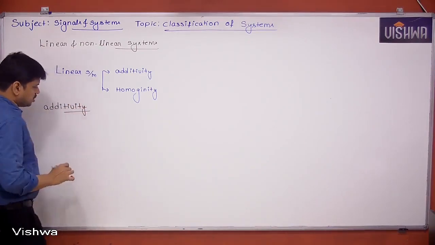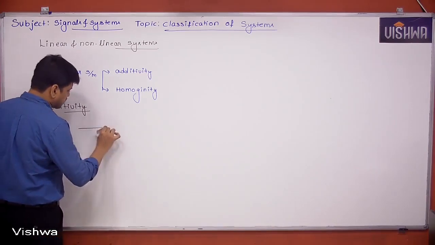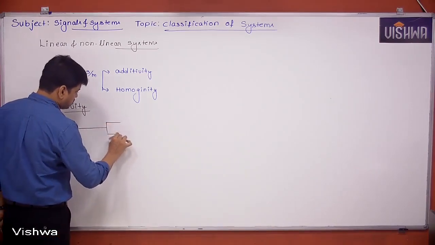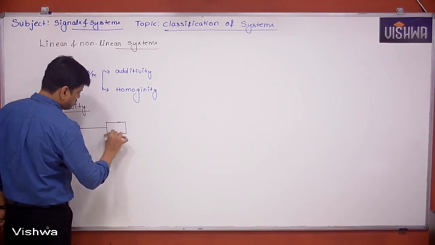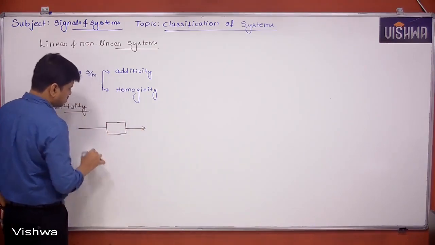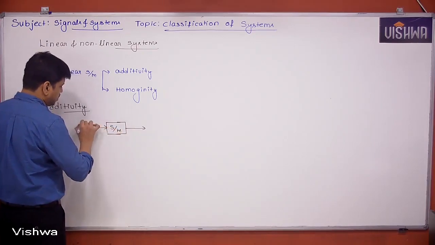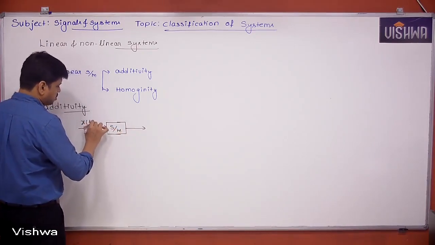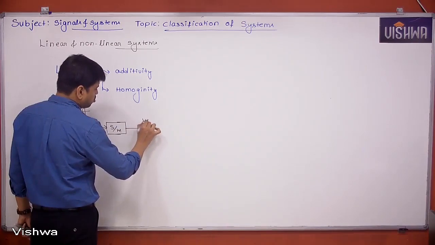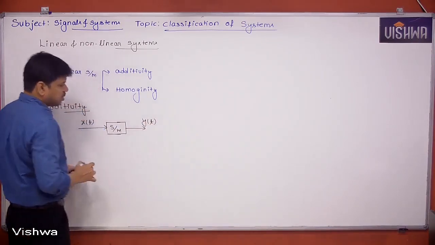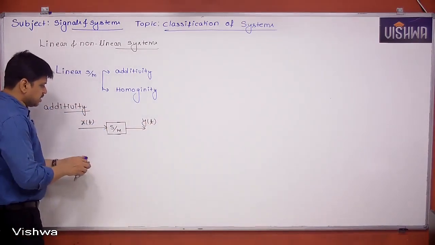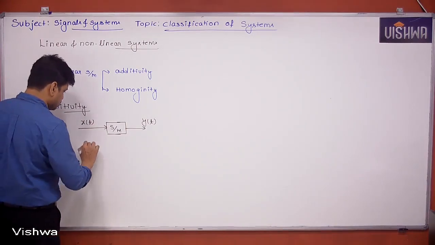Additivity. Suppose I take a system, let's say x of t is the input and y of t is the output. Let's take a signal x1 of t.